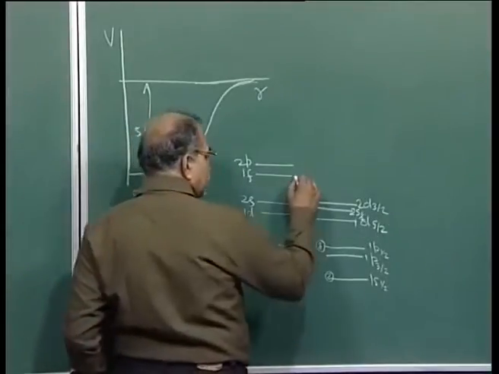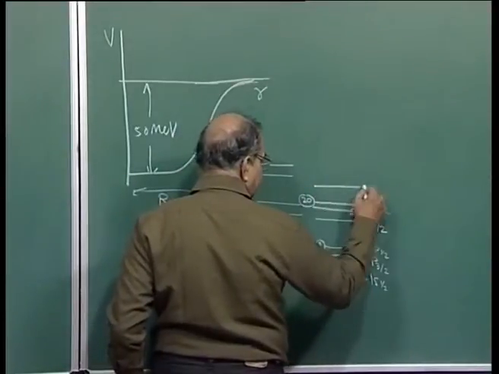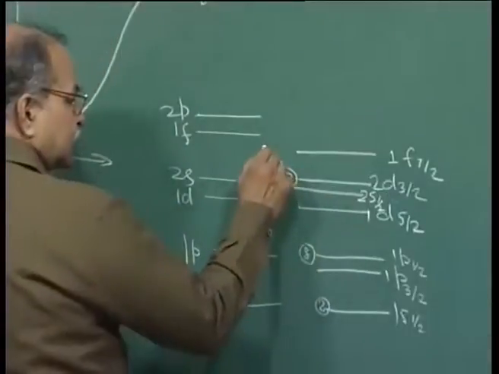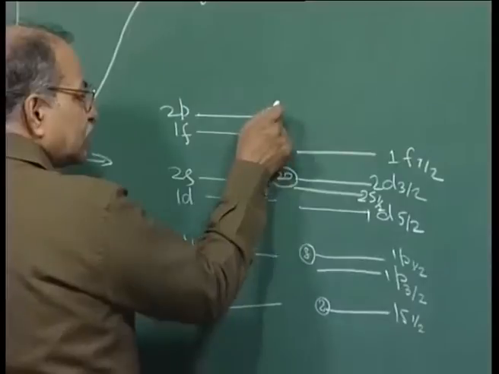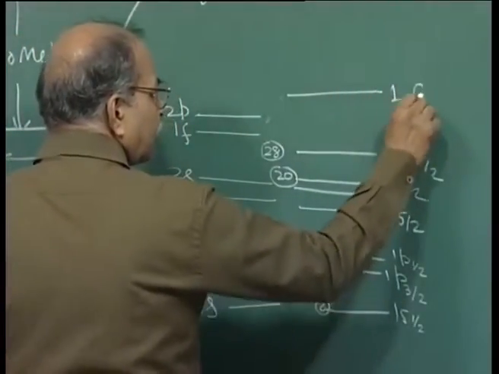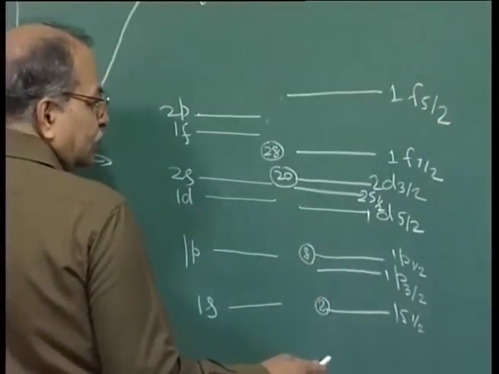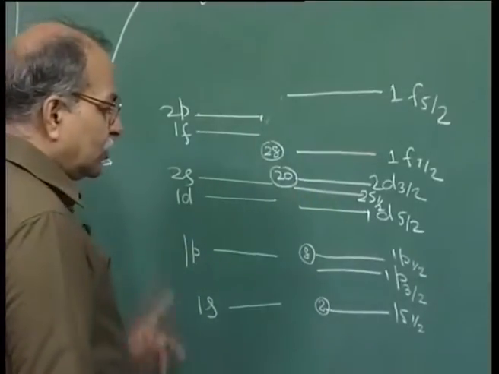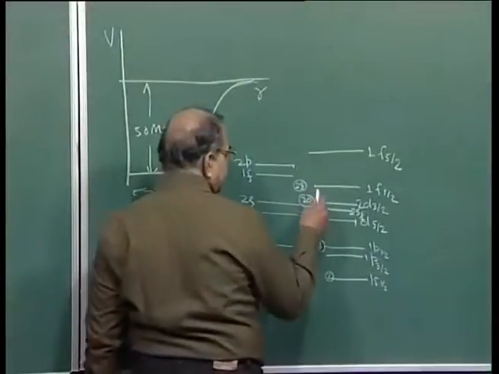Then F 7 by 2 will come down, and that will be alone, 1f 7 by 2. So that is the next shell closure, and F 5 by 2 will go up. Then this 2p, this 2p 3 by 2 and 1 by 2. And how is that written?